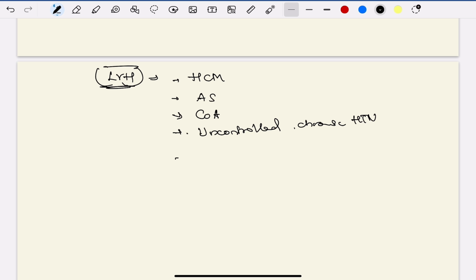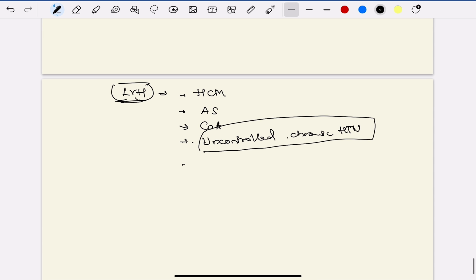What can explain LVH in this elderly male? See, he has not visited a doctor in the last 20 years. That means he may be suffering from hypertension but didn't get diagnosed. So it could be because of uncontrolled chronic hypertension. In this OPD sitting, he is having 180/100. So we can diagnose him as uncontrolled hypertension, and the LVH is because of uncontrolled chronic hypertension.